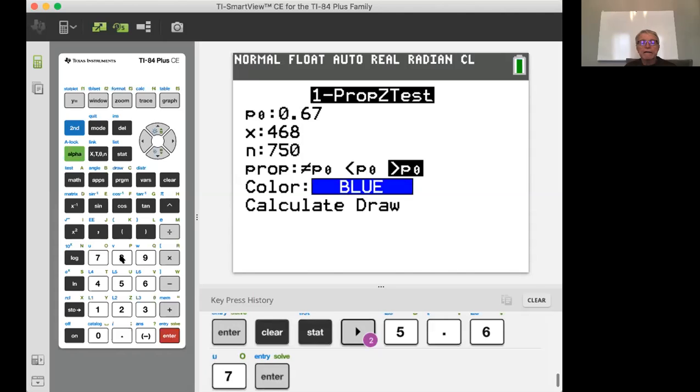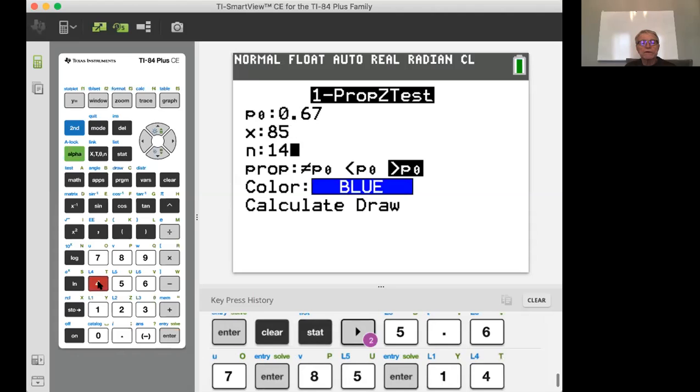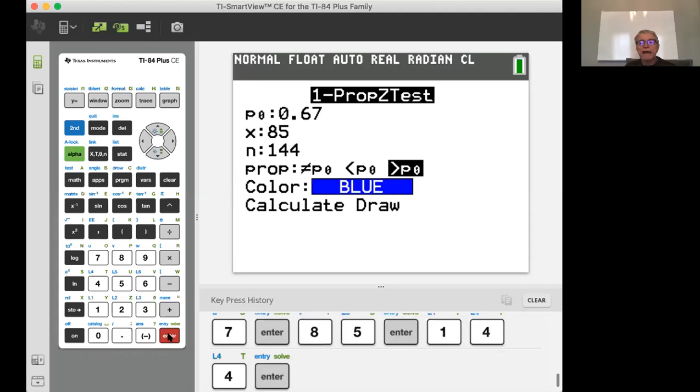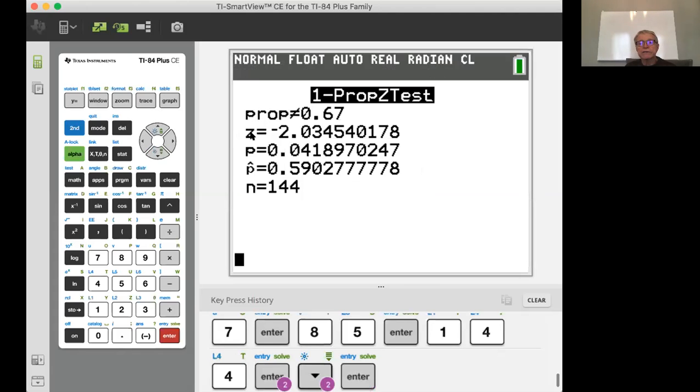Enter, and 85 was our number of successes, and 144 was our number of trials, and it was a two-tailed test, so not equal should be selected. And then we go down to calculate, and we get our test statistic, negative 2.034.